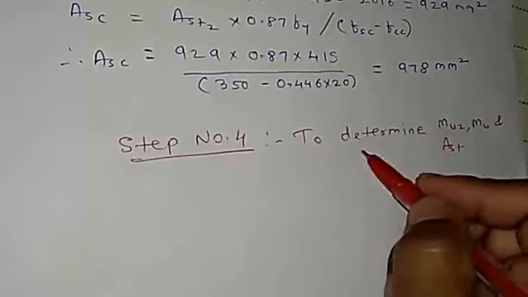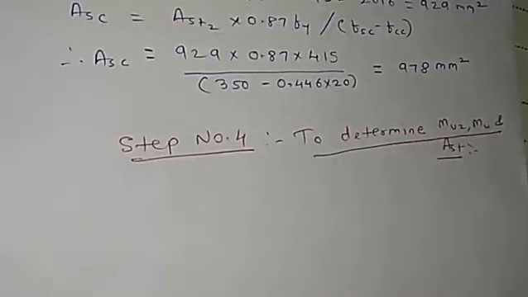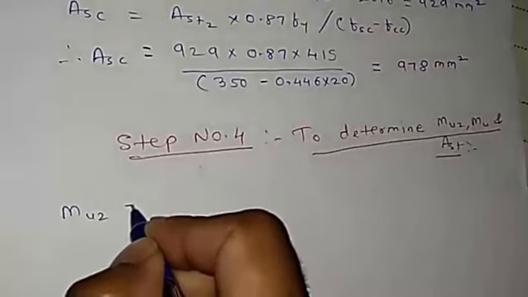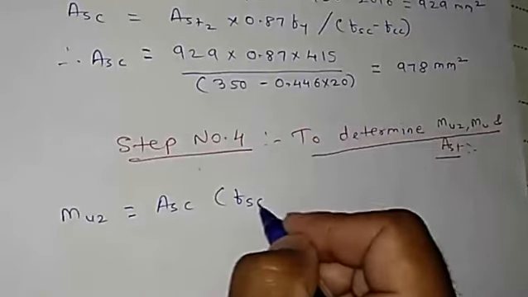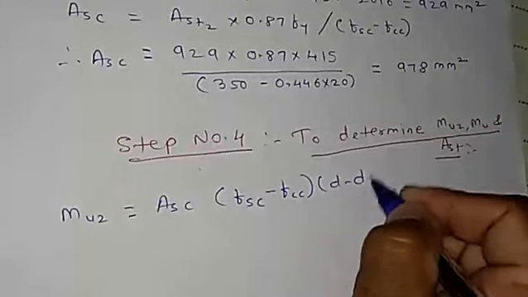So again, we have seen in the same page number 96, from page number 96 we'll get Mu2, which equals Asc into fsc minus fcc into d minus d dash.